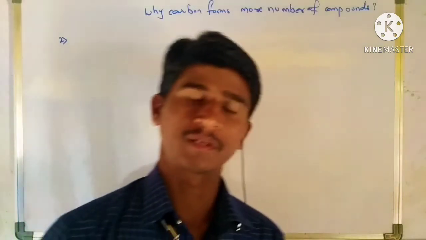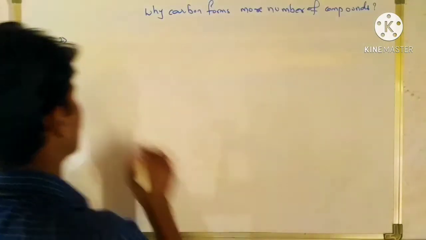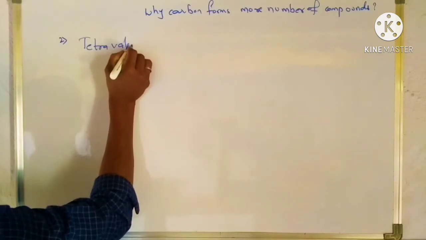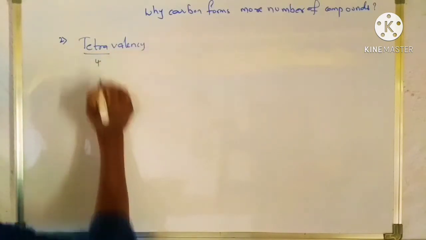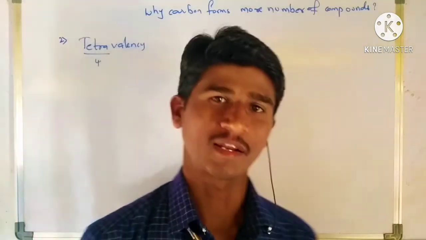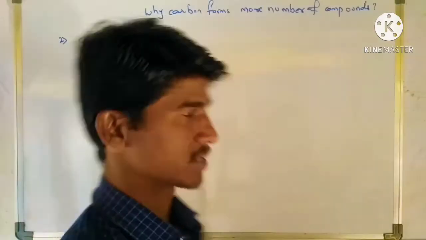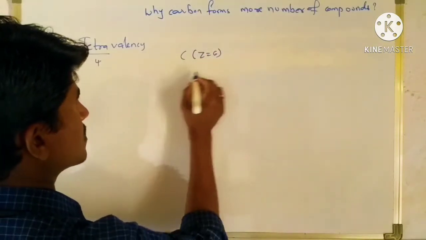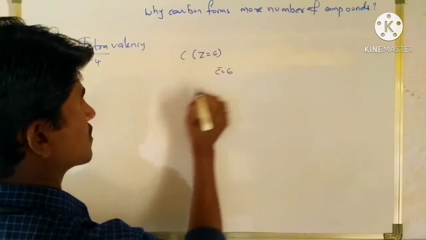The second property is tetravalency. Tetra means 4. So carbon has 4 valence electrons. Let us discuss how. Carbon has Z equal to 6, atomic number 6, so it has 6 electrons.